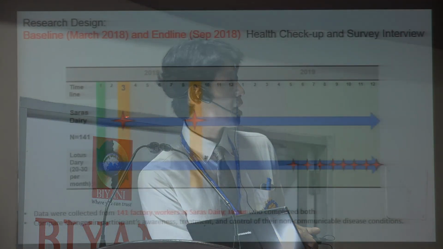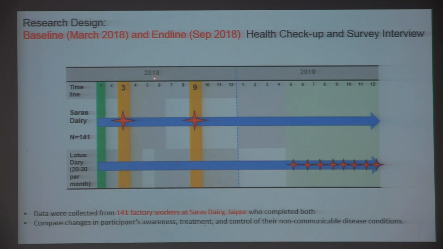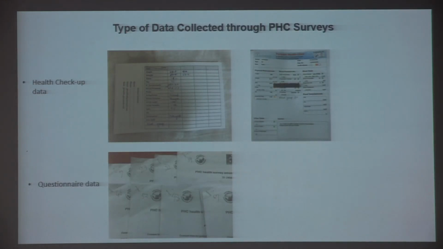So this is the research design we conducted in March 2018, and then the second time in September at the Saras Daily factory. This is the data we collected. We collected the registration sheet, age, sex, gender, and some clinical information: blood pressure, blood sugar, cholesterol, hemoglobin, and questionnaire data which includes behavioral data.